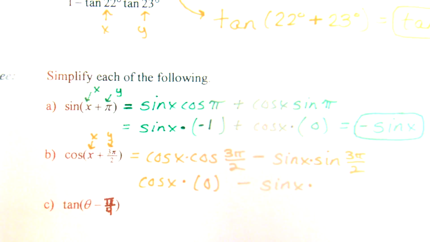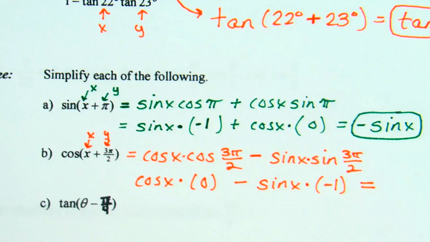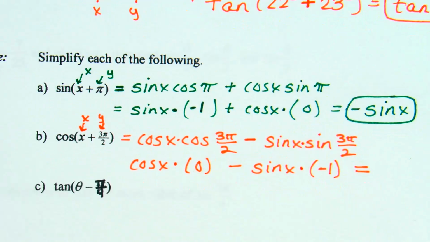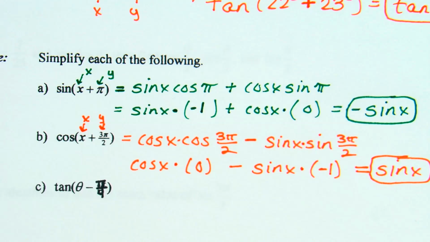Cosine of x times cosine of 3 pi over 2, which we decided was 0, minus sine of x times sine of 3 pi over 2, which was negative 1. Well, cosine x times 0 is 0. And then it's minus sine x times negative 1. Positive sine x.